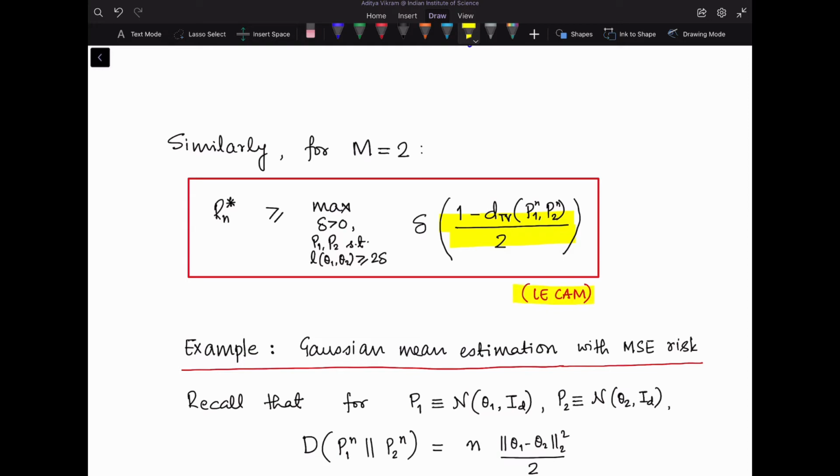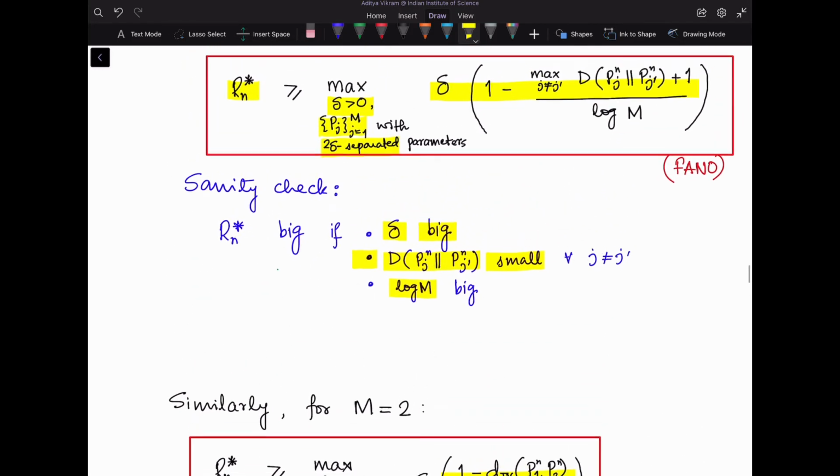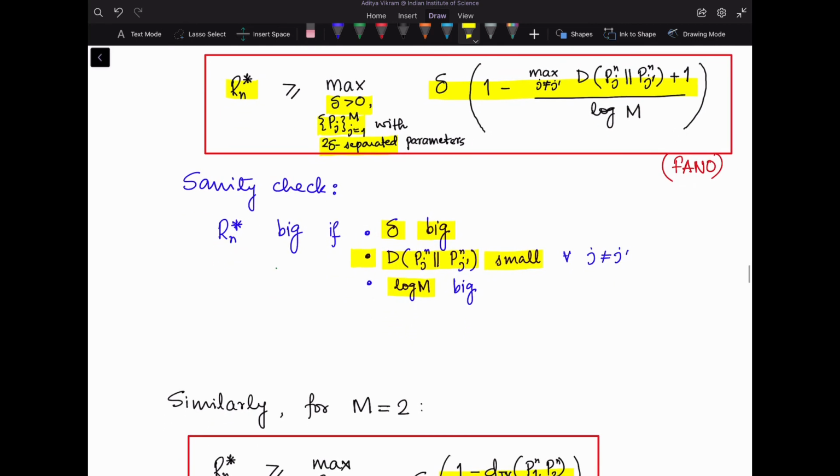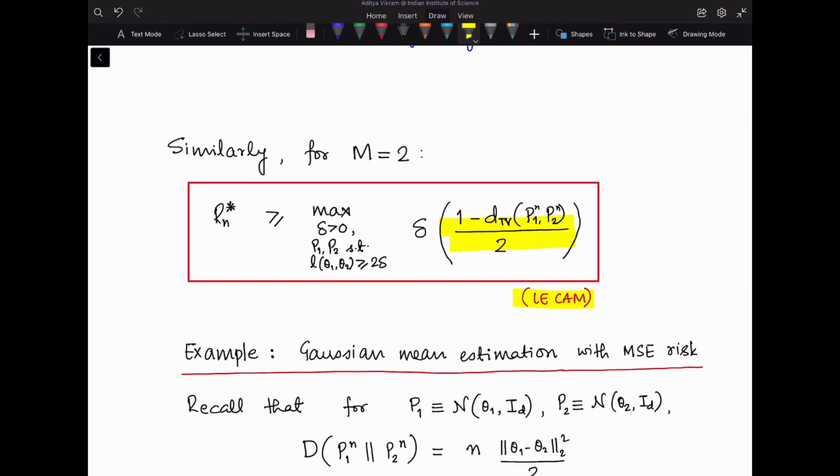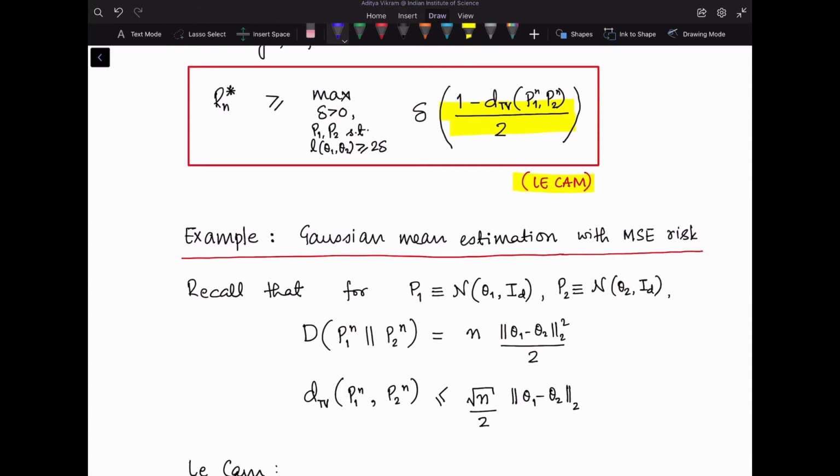So the only difference between Le Cam and Fano is for the multiple hypothesis testing problem, the M-ary hypothesis testing problem, where m is more than 2, and Le Cam is for when m is 2, so you solve a binary hypothesis testing problem. Okay, so let's see what lower bounds we get for the Gaussian mean estimation problem with mean squared error risk.